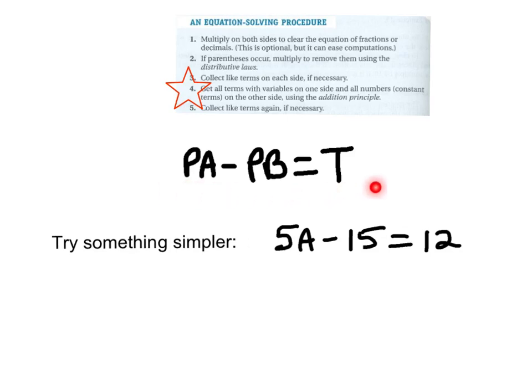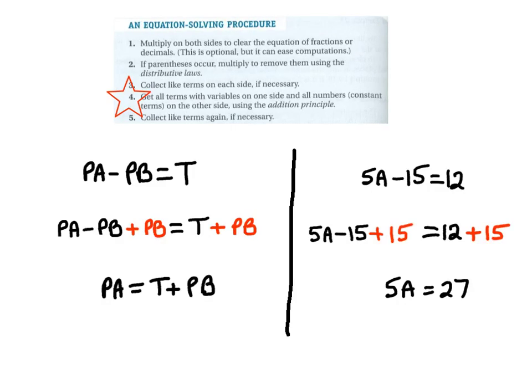Okay, so now we're looking at this expression. We've eliminated the fraction, we've eliminated the brackets, and we're now trying to go to the next step and solve. Again, we're looking to solve for the variable a. Once again, I'm going to try something simpler. I'm going to leave the variable a where it is and replace the other variables and terms with random numbers. Here's my parallel situation. 5a minus 15 equals 12 is kind of similar to pa minus pb equals t.